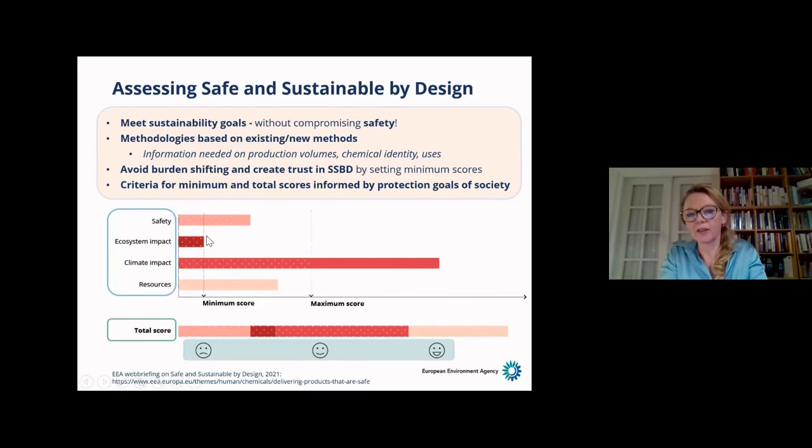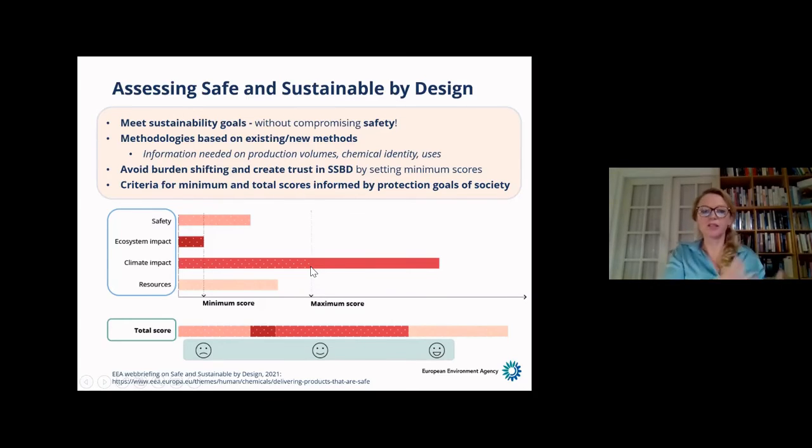We also think that if you want to come up with a final scoring of some kind that the consumer can read and understand, or the investors, we need to think about how you bring this scoring together. Maybe you weigh it, but we think also that there should be a maximum score.